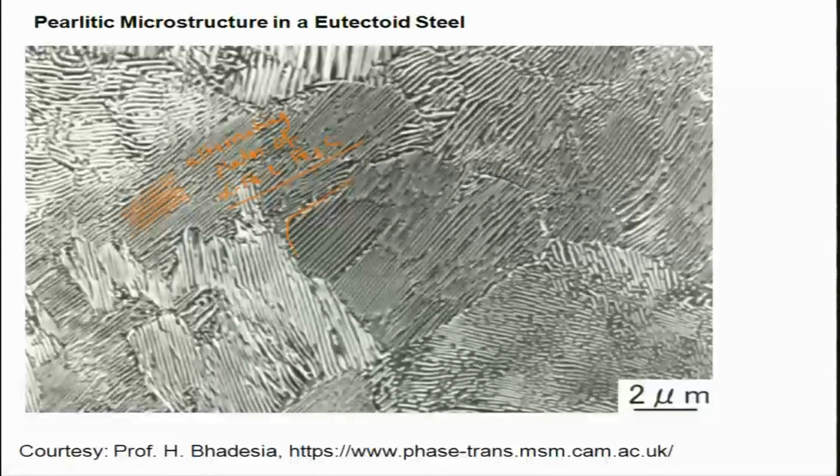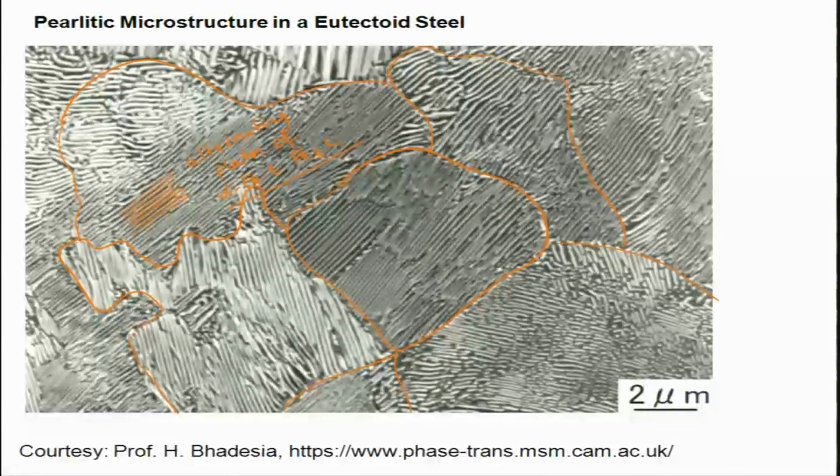This is one colony, then another colony here, another here, another here, and another here. You can see the boundaries between the colonies quite clearly in an optical microscope. These are different pearlite colonies.